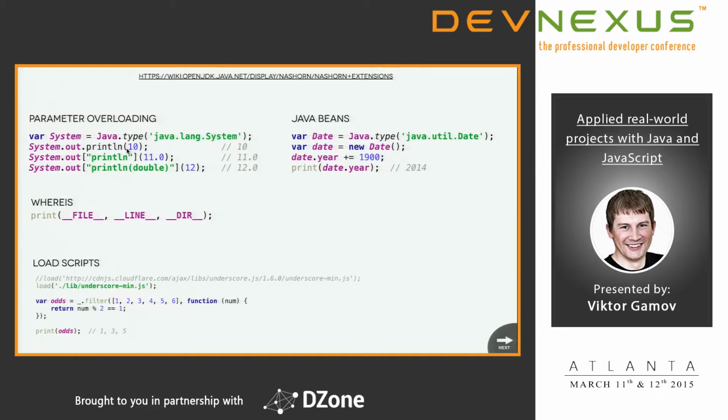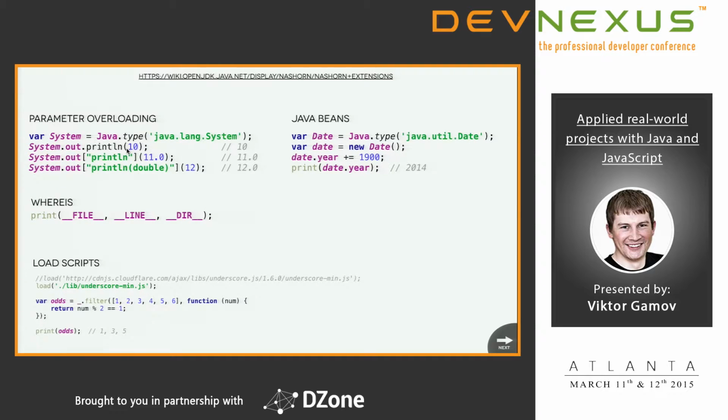Also, a very important thing is that nothing exists in isolation, right? There are tons of libraries available, and you can easily use these libraries in your Java applications. In this case, for example, I have this code snippet that uses the underscore JS library. It's a library that provides very nice features in JavaScript to work with collections.